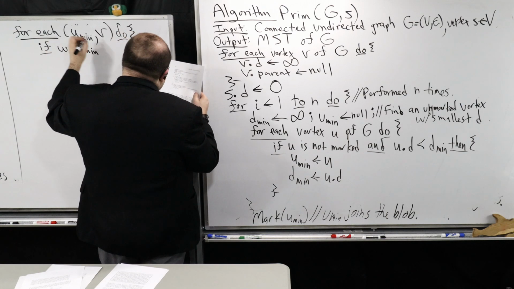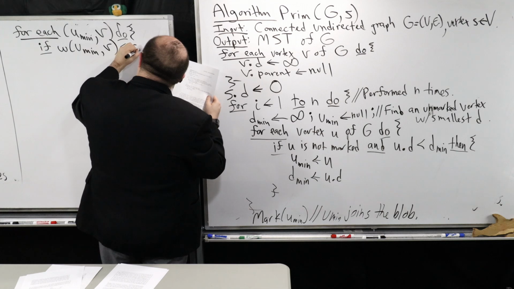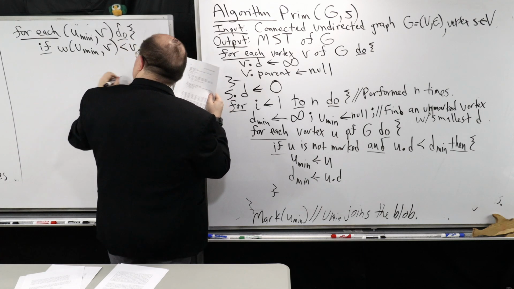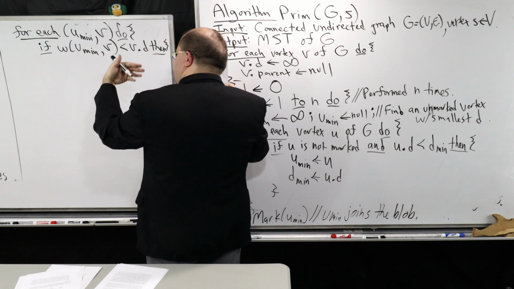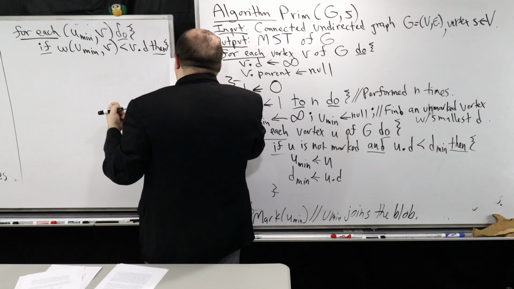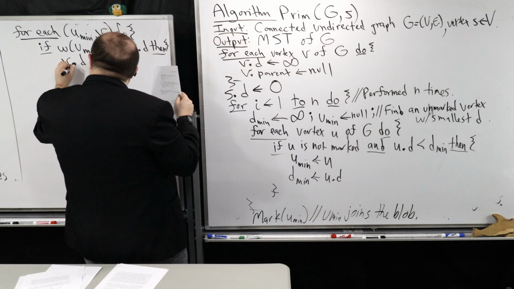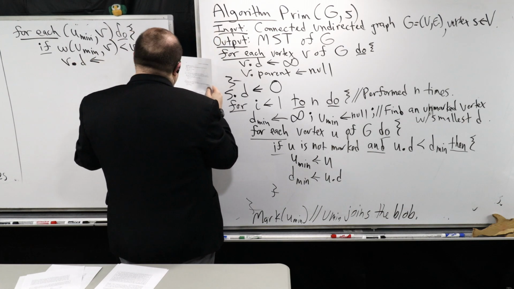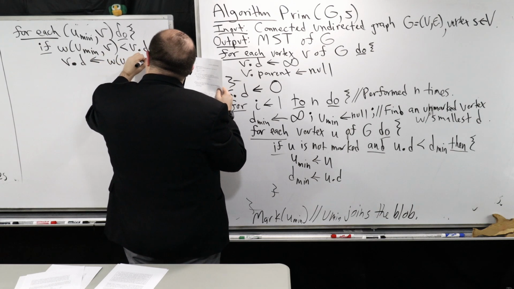So if the weight of umin v is less than v dot d, then, if the weight I've currently found is better than what is currently sitting at v, I'm going to update v dot d because I found a shorter edge. V dot d is going to be the weight of umin v.